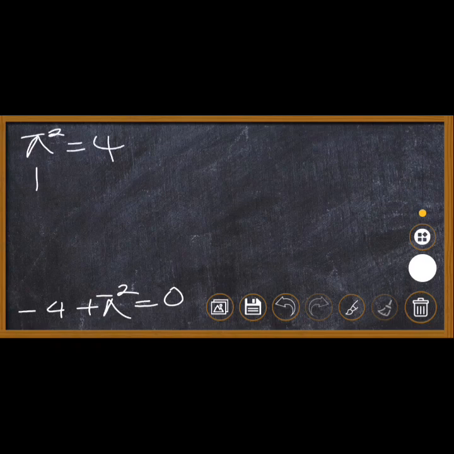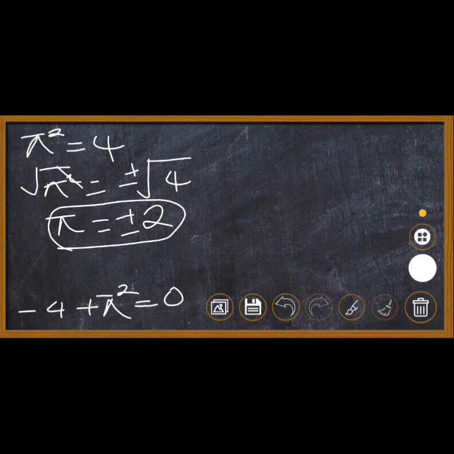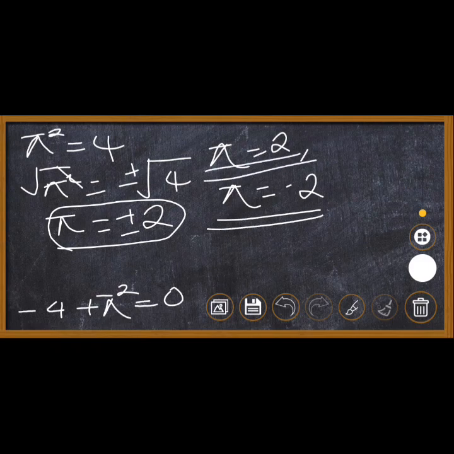If you find the square roots of both sides, the square root of pi squared is pi. What's the square root of 4? Of course, the square root of 4 is just 2 here. So in this case, we have our eigenvalues as +2 and also -2. These are the values that we are going to place in our expression for us to find the eigenvectors.